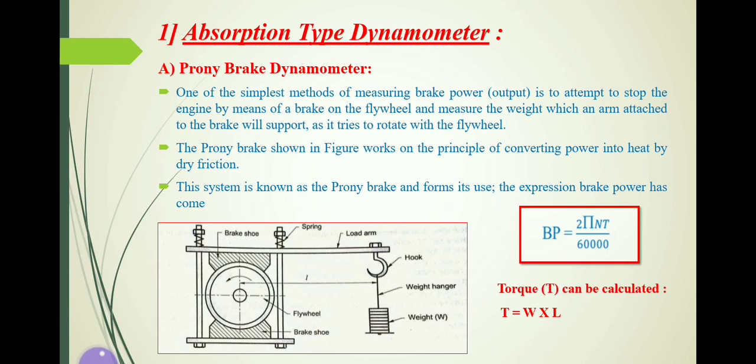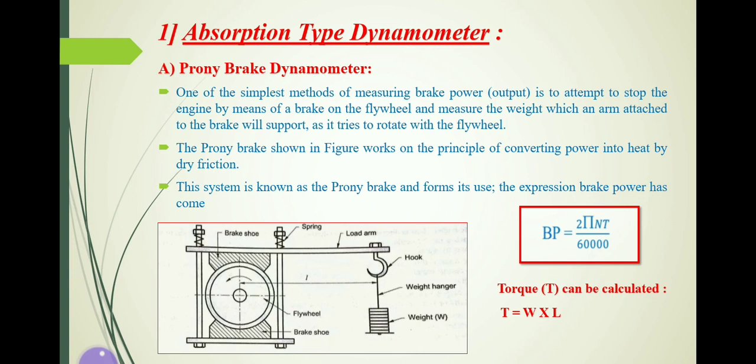Using that weight and the length of the distance from the shaft to the hanger, we find the torque by the formula W into L, and by using that we find the brake power, 2 pi N T divided by 60,000.